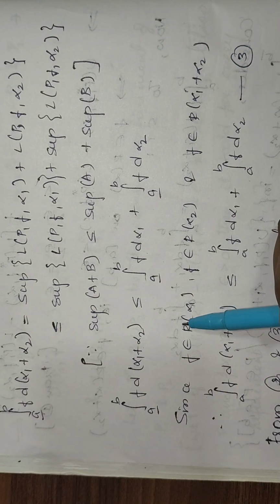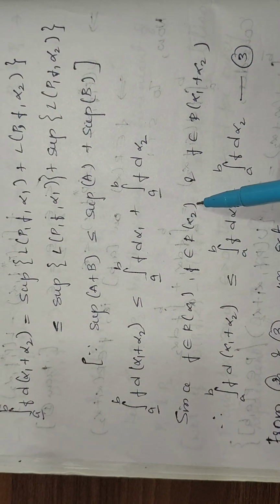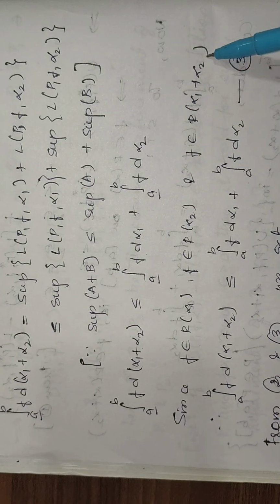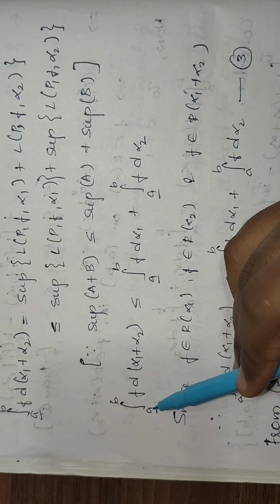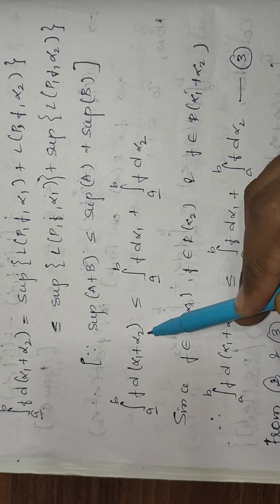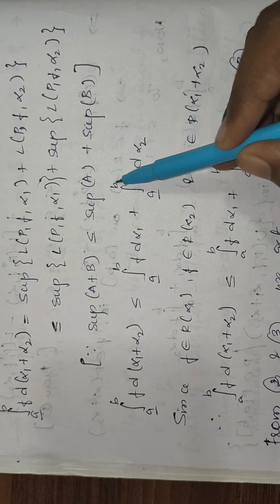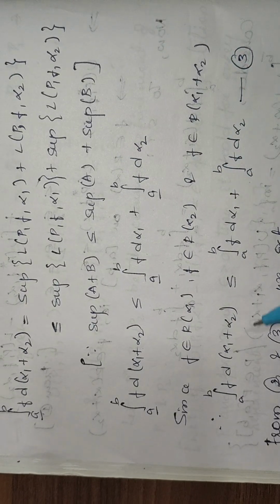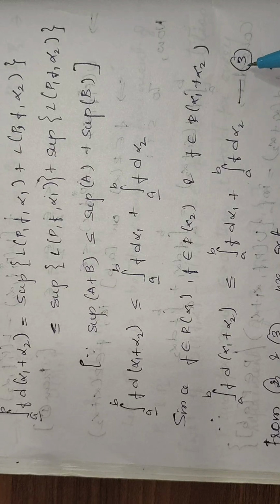So the lower Riemann integrals can be written as these integrals. Here at last we get this, and we'll name this equation 3.